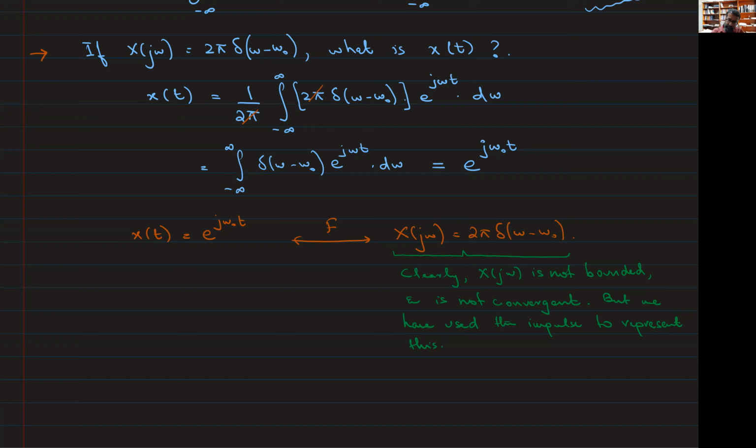And if I were to sketch this out, this x of j omega as a function of omega, what would this be? This must be a single impulse residing where omega equals omega naught, and the height for this is going to be 2 pi.